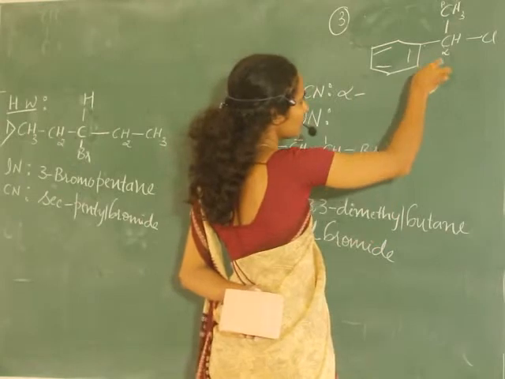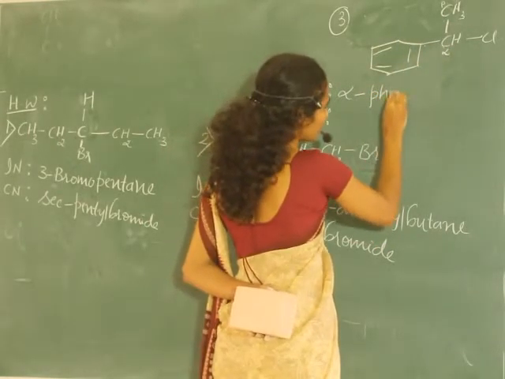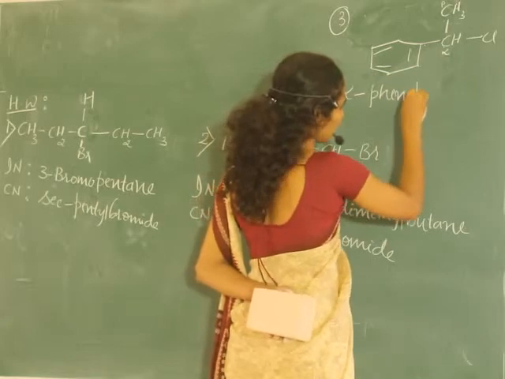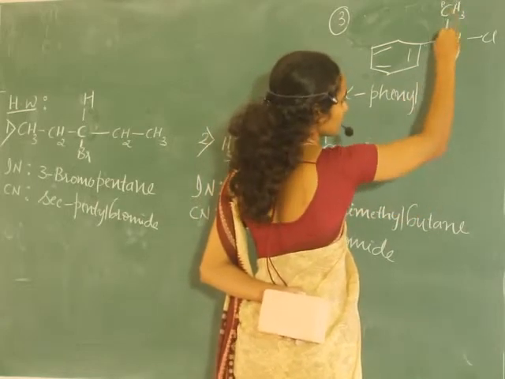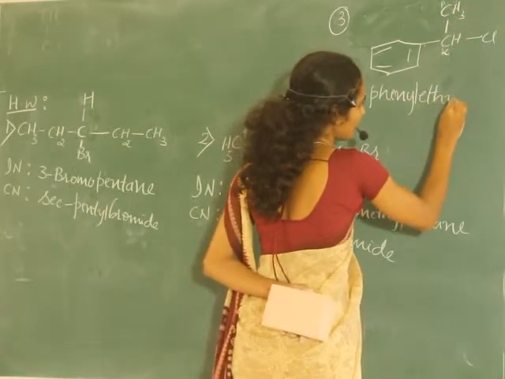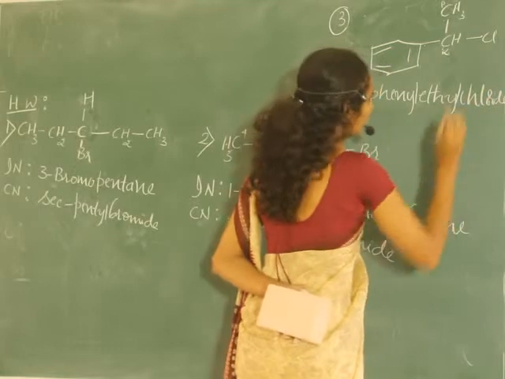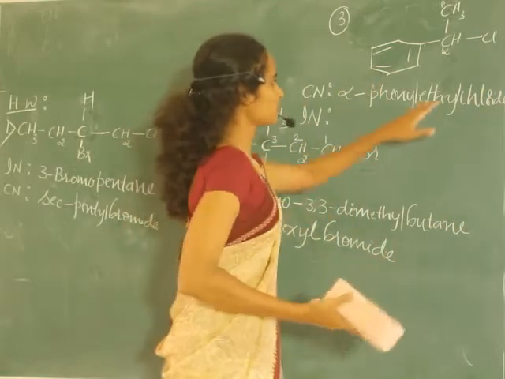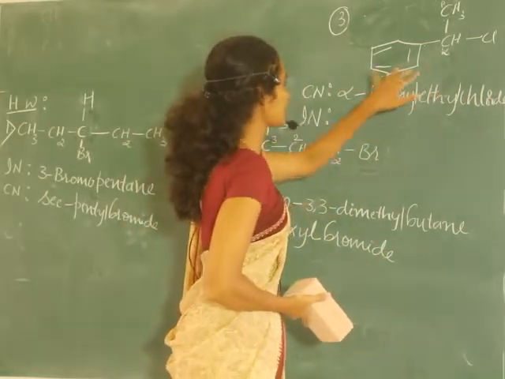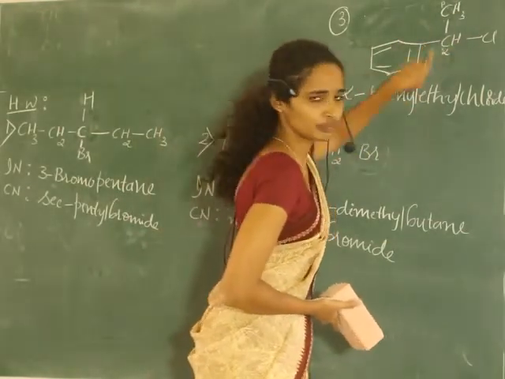alpha, here it is phenyl, right? At the alpha position, a phenyl group is there, and it contains two carbon atoms, hence it is ethyl chloride. Alpha-phenyl ethyl chloride.